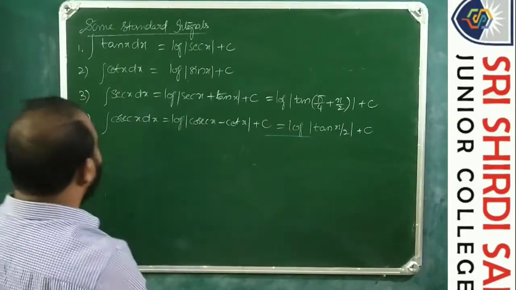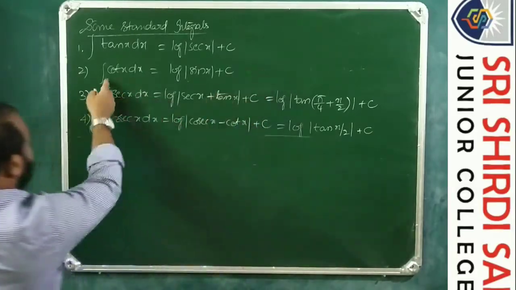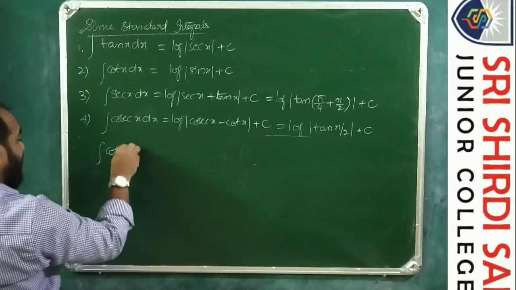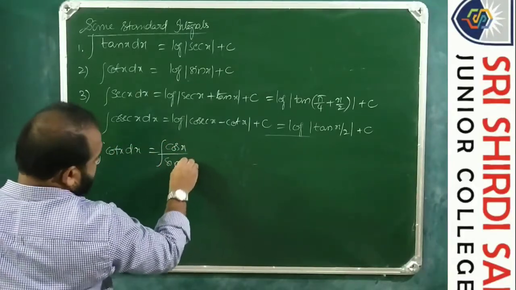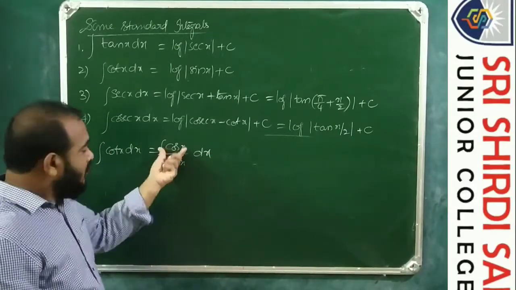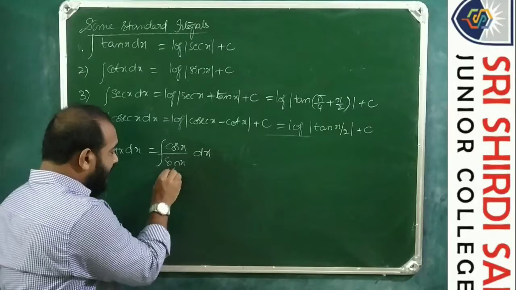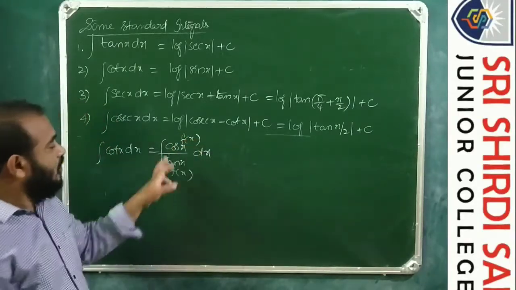So likewise, if you see this integral cot x dx, it is integral cos x by sin x dx. Directly, sin x derivative is cos x. So sin x is f of x, and its derivative is cos x, which is f dash x.